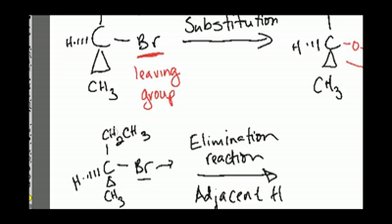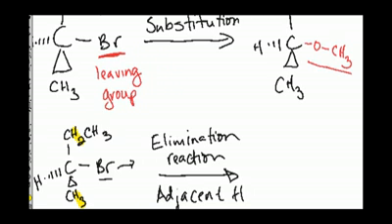We have a hydrogen that's right here, or a hydrogen that's adjacent to the leaving group carbon right here. You can abstract any one of those hydrogens, and depending on which one you abstract, you're going to end up with a structure that has an alkene or a double bond in it.